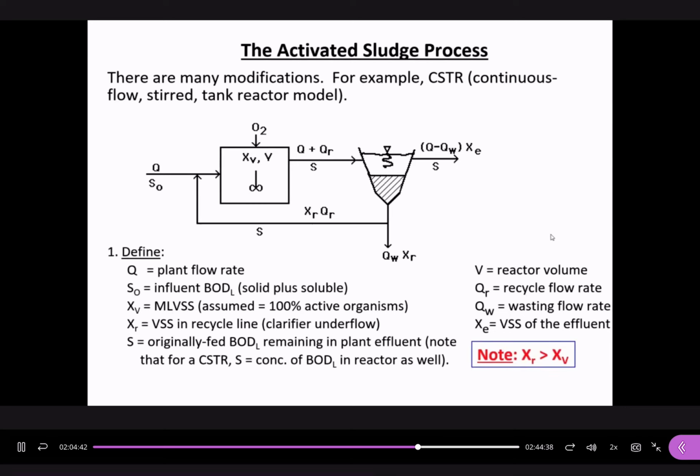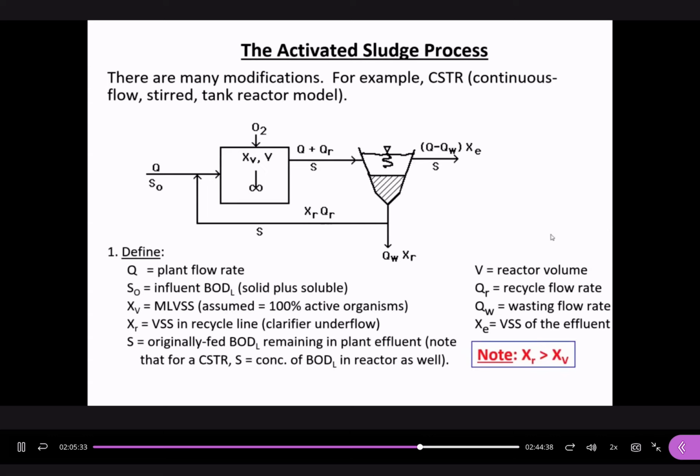The cell concentration is XE, because here it's X, since this is a complete mixed tank. The outflow has the same microbial concentration as the tank. But in the secondary clarifier, there is clarification, and at the bottom we get a very high concentration, which is XR. In the supernatant, we have XE.